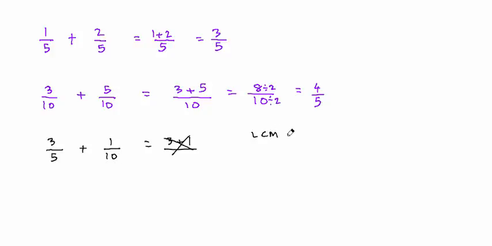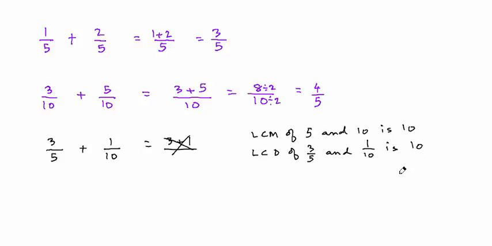The LCM of 5 and 10, the least common multiple, is 10 itself. Or we could also say the LCD, least common denominator, of 3/5 and 1/10, the two fractions this time, is 10. 10 is the common denominator.